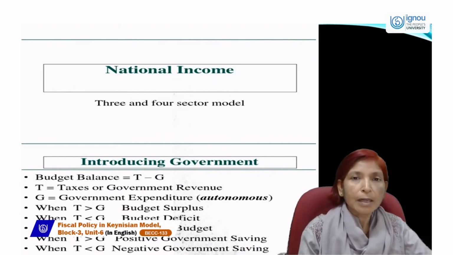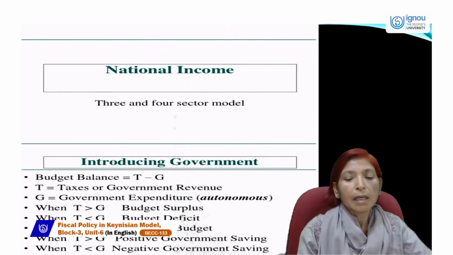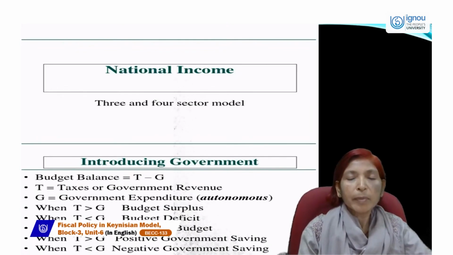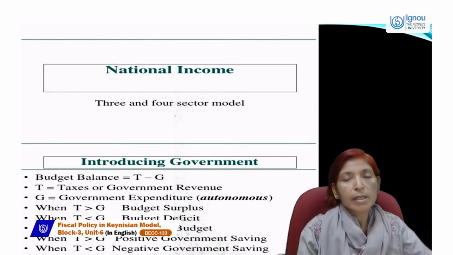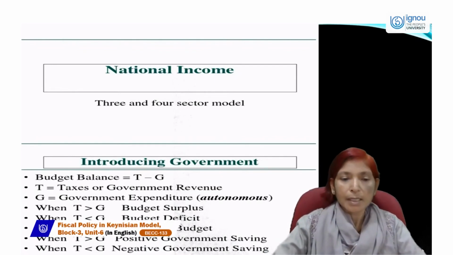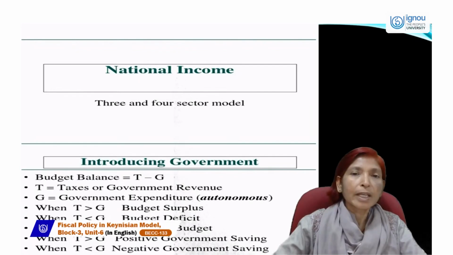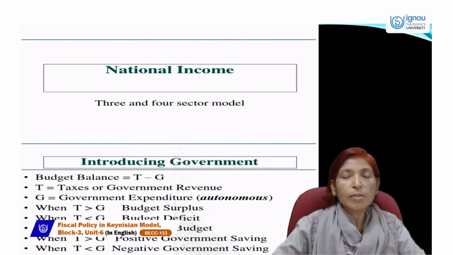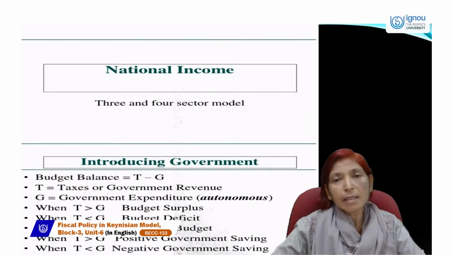And if taxes are less than government expenditure, in this case, government saving will be negative because expenditures are more, but the source of revenue is less. So budget balance we can estimate with the help of this formula T minus G. T is taxable source and G is government expenditure.